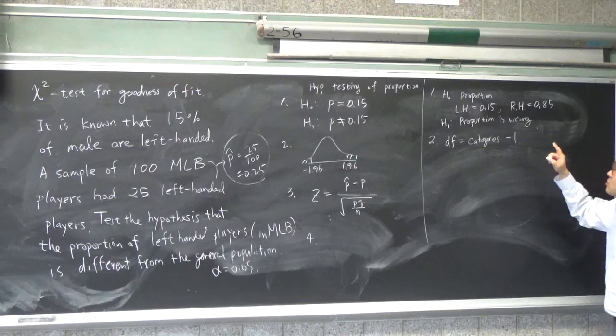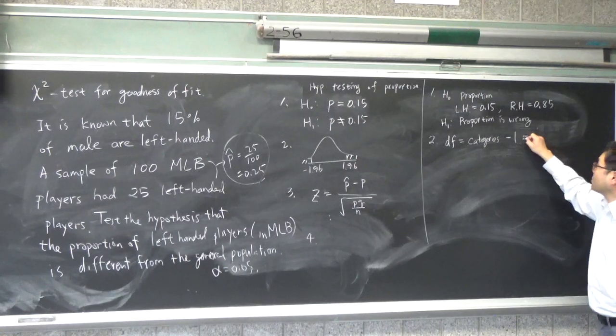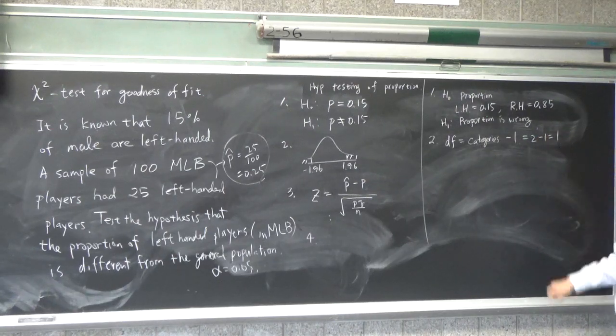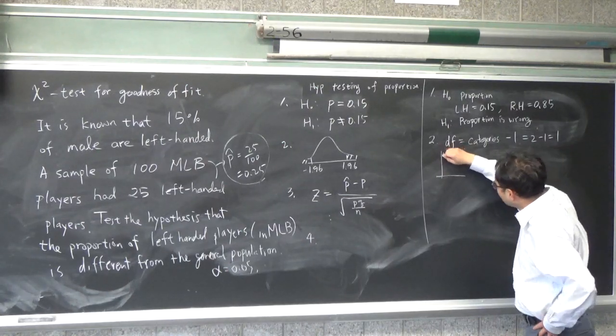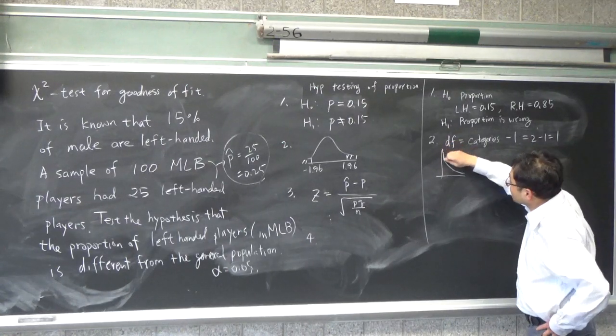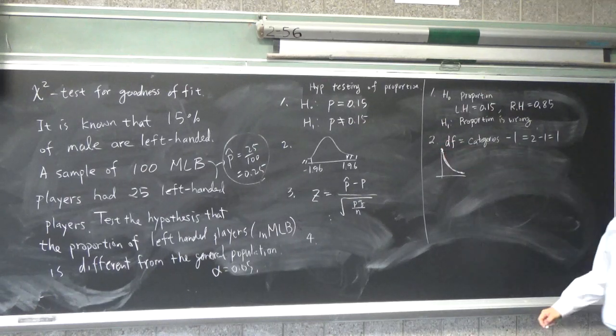Since we have left-handed and right-handed, there are 2 categories, so it's 2 minus 1 equals 1. So you have just 1 degree of freedom. And you've seen the chi-square distribution for degree 1. It looks something like this, right? It starts somewhere high here and then drops.